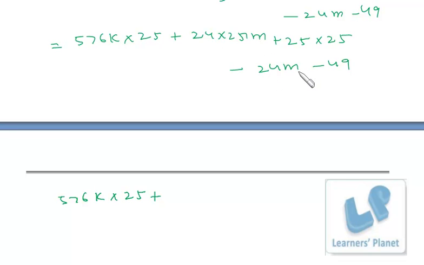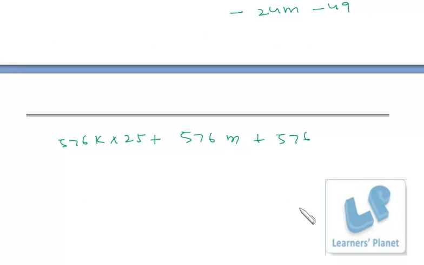So 600 minus 24 is 576. So it is 576m. Okay, then 25 into 25 is 625. 625 minus 49 is 576. Okay, so 576 can be taken as common, then we are left with 25k plus m plus 1.